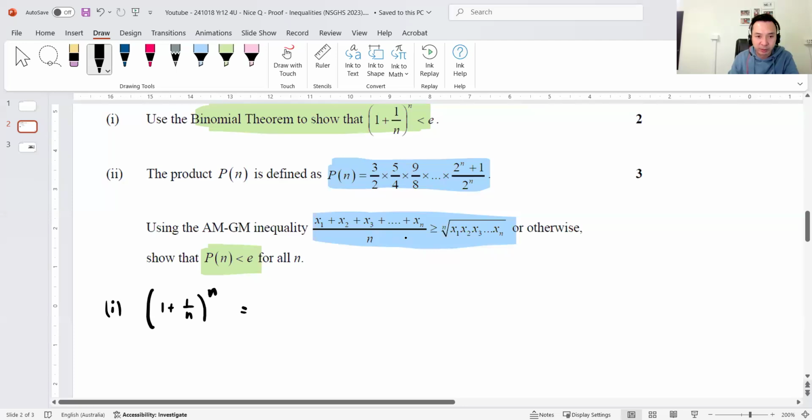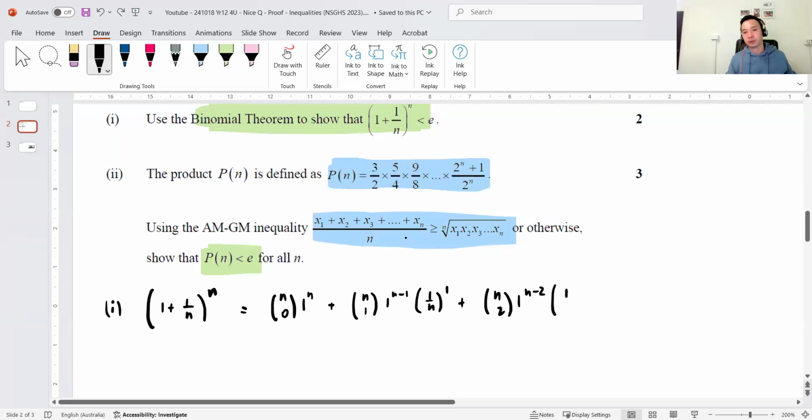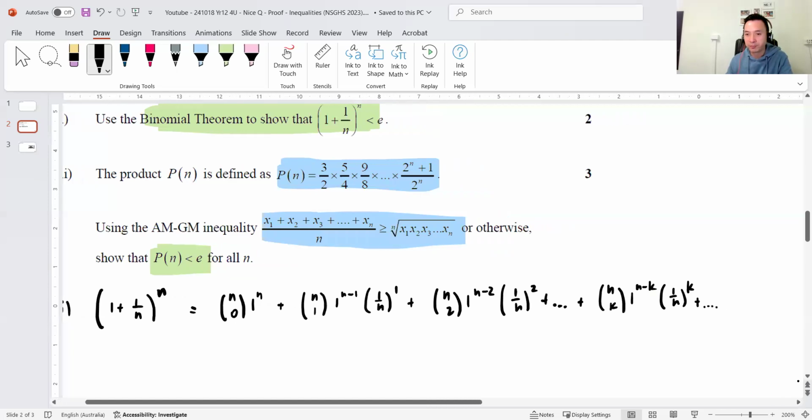Now I know if I was to use binomial theorem, it'll be like nC0 times 1 to the power of n, plus nC1 times 1 to the power of n minus 1 times 1 on n, plus, I'm just going to establish the pattern, nC2 times 1 on n squared, plus, now the general term, which I actually care about, is nCk times 1 to the power of n minus k, and then that's 1 on n^k, and then the last term, no more n's, no more 1, sorry.